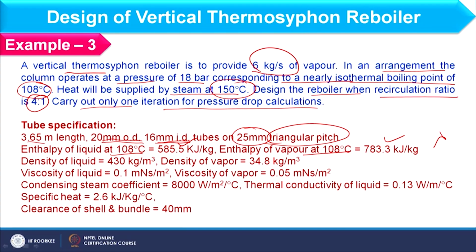Further, we have density of liquid as well as vapor, viscosity of liquid, viscosity of vapor, and condensing steam coefficient. The shell side coefficient is already given to us, so we do not have to do anything. Further we are given thermal conductivity of the liquid, specific heat, and finally the clearance between shell and bundle as 40 mm. In this way the complete problem statement is given, and let us start the solution of this problem.